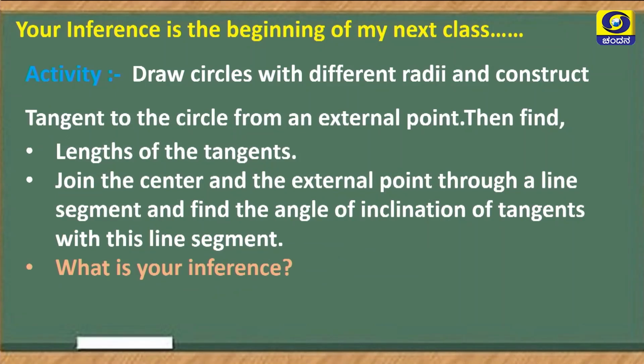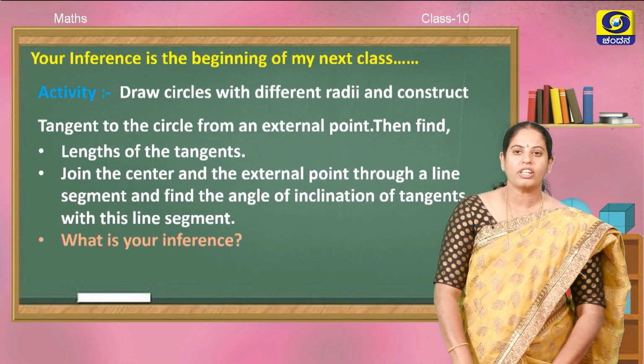I also taught you how to construct tangents from the external point to the circle in that class. After constructing the tangents, you have to find the lengths of the tangents, then join the center and the external point through a line segment and find the angle of inclination of the tangents with this line segment. What is your inference?